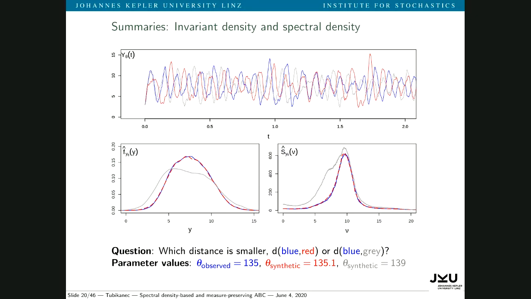Let me just say a few words on why we consider both types of densities. The drawback of the invariant density is that it does not take into account the structure, the dynamics of the path. For example, if you shuffle the data set, you would end up with the same density.